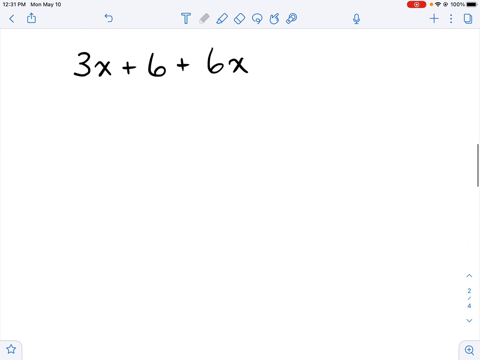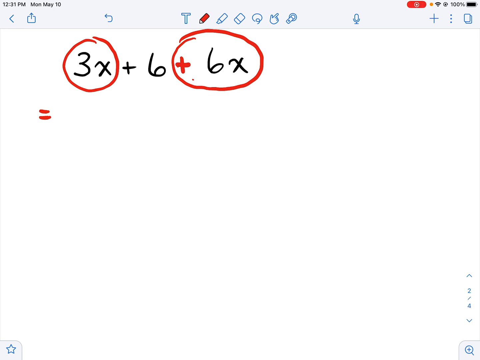Okay, next one. What has the same letter? The 3x and the plus 6x. So the plus in front of the 6x tells us to add them. Okay, so we have 3x plus 6x.